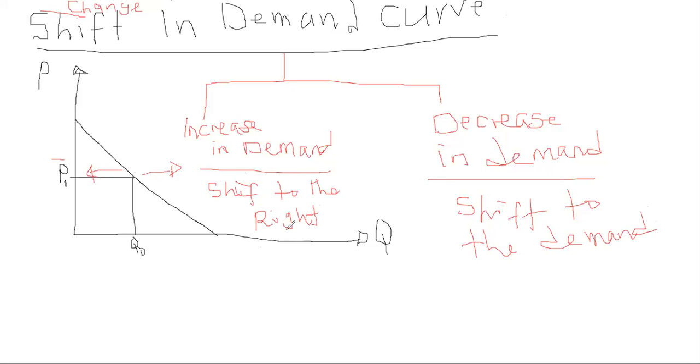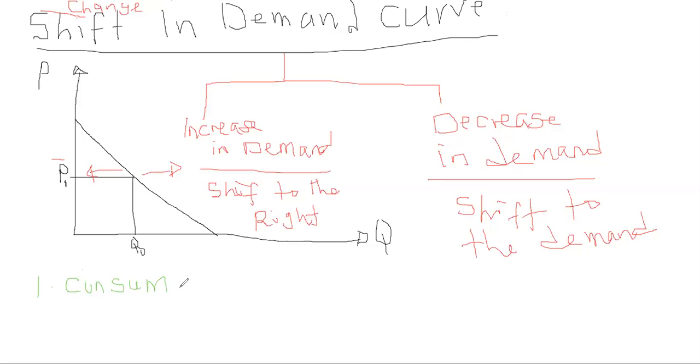But this shift to the left or right is caused by other factors. They are caused by factors other than price. So price is constant. So what are these factors? Let's look at these factors. It could be, one, change in consumer income. We'll look at all of them one by one.